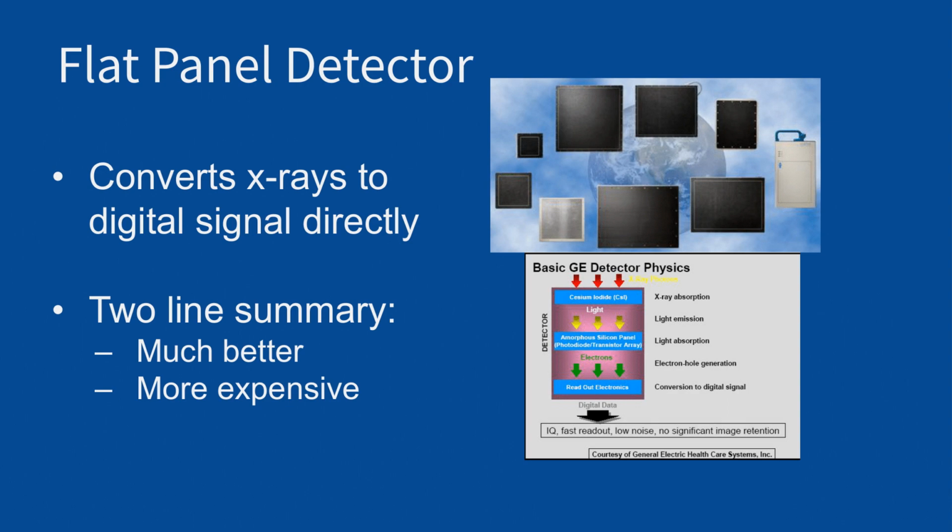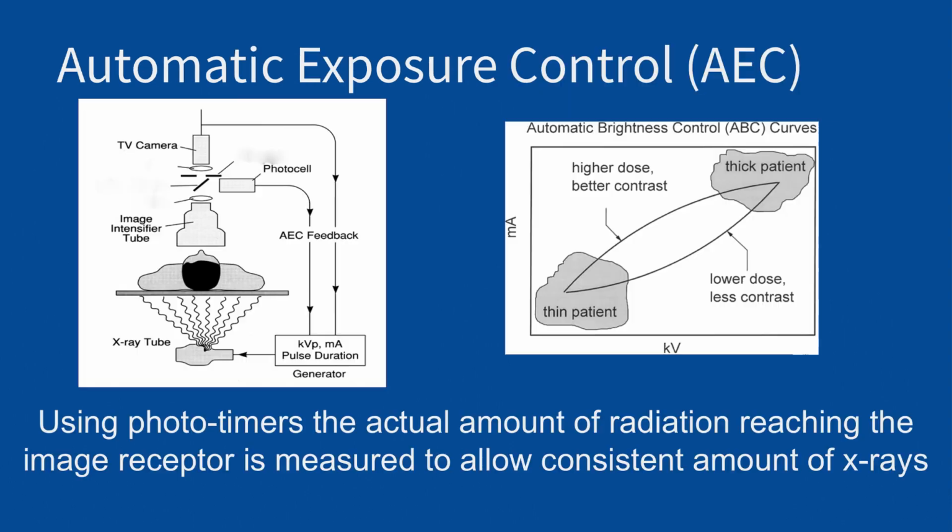We briefly spoke about the X-ray machine adjusting itself to deliver the right amount of X-rays and the right amount of energies. In fluoroscopy, this is called automated exposure control. In phototimers, the machine can calculate how much X-rays and what energy X-rays to deliver.